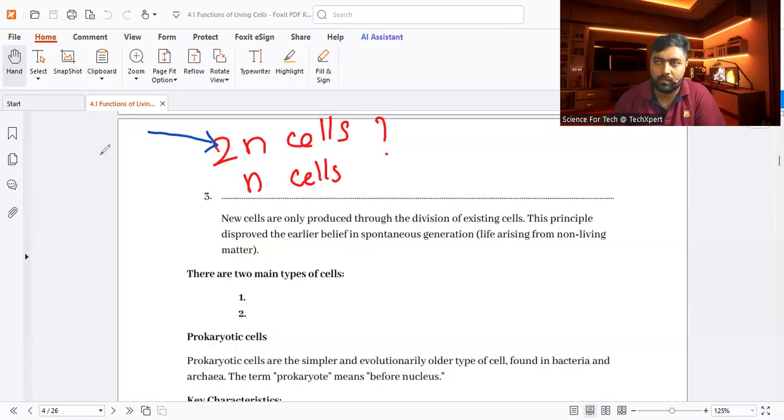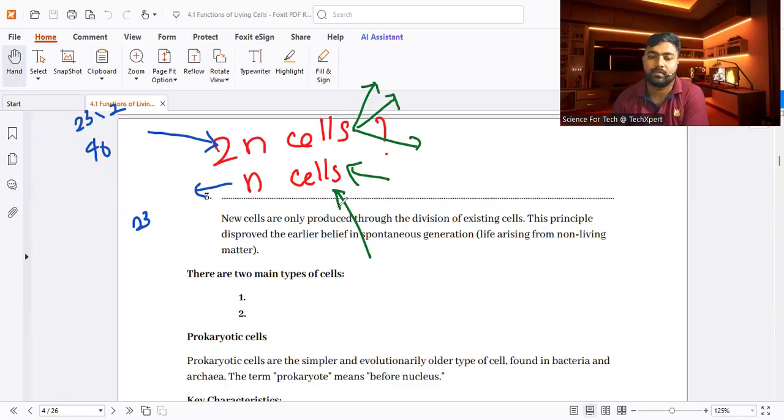That means for us it is 46 chromosomes, 23 times 2. But in N cells, we have only 23. Basically, in sperm cells and ovule cells we can see N cells, and everywhere else we can see 2N cells. Okay, that is for your additional knowledge.